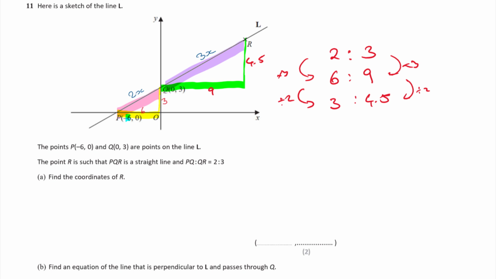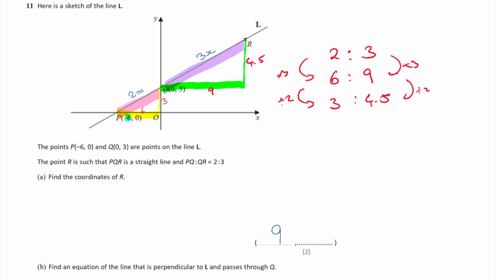Can we use that to find the coordinates then? I want to find the coordinates of R. So if I'm at Q, at the coordinates 0, 3, and I go 9 units to the right, then my x coordinate for R is going to be 0 plus 9. It's going to be 9 there.